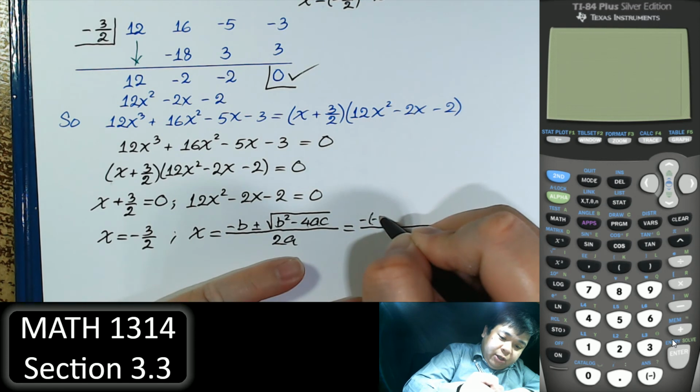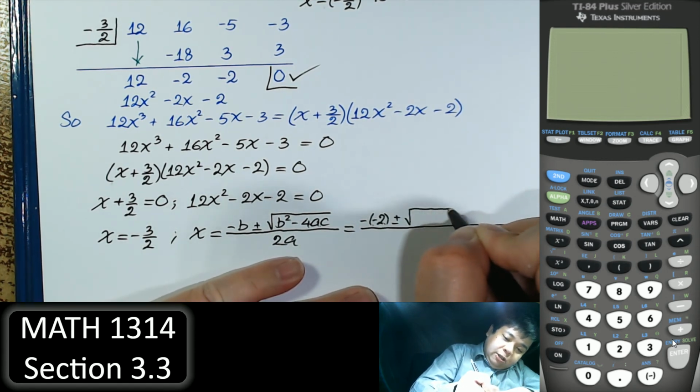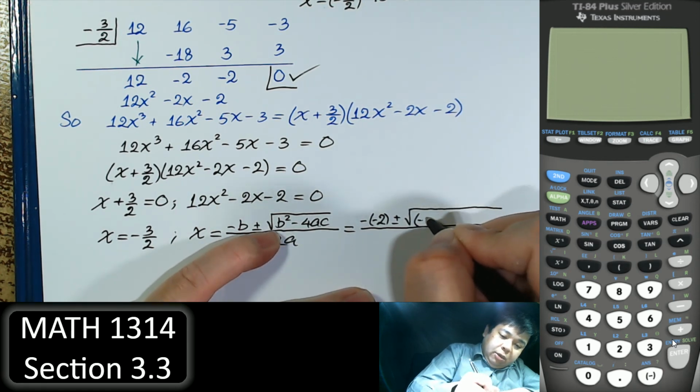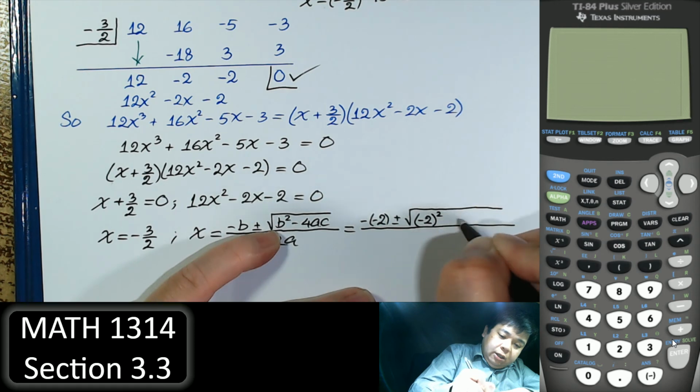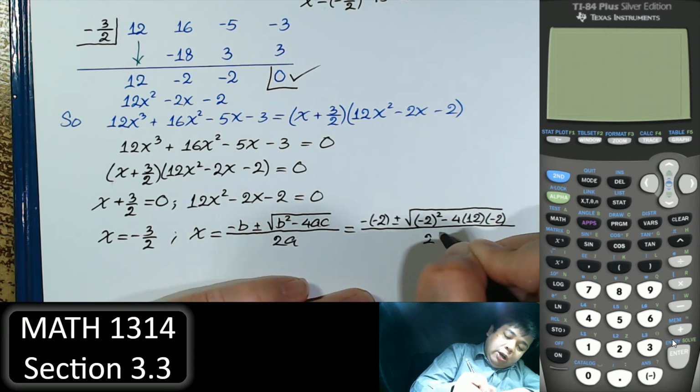Negative b, that's negative negative 2, plus or minus the square root of b squared minus 4ac, over 2a.